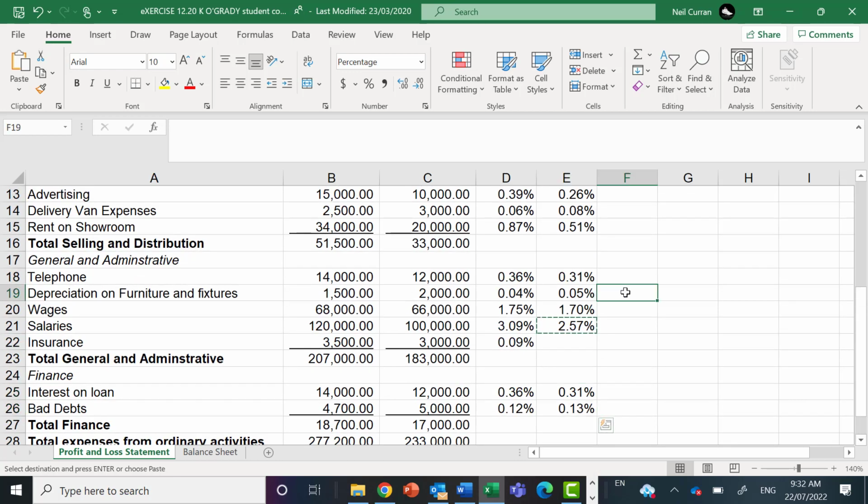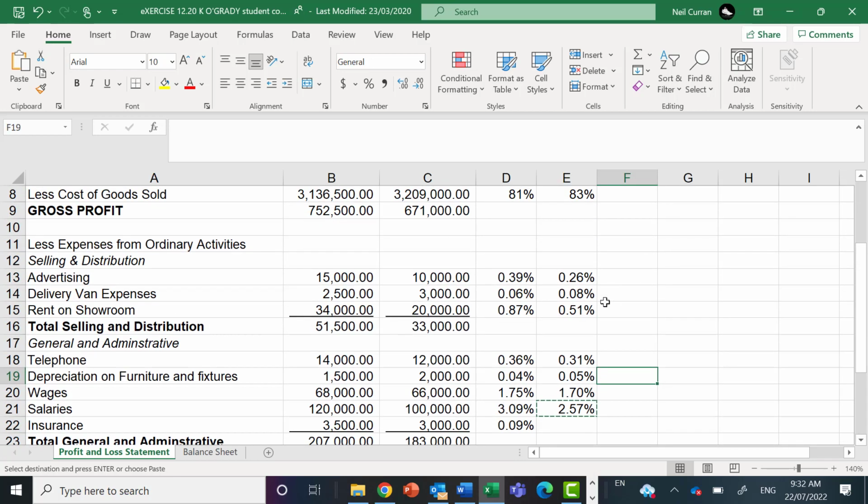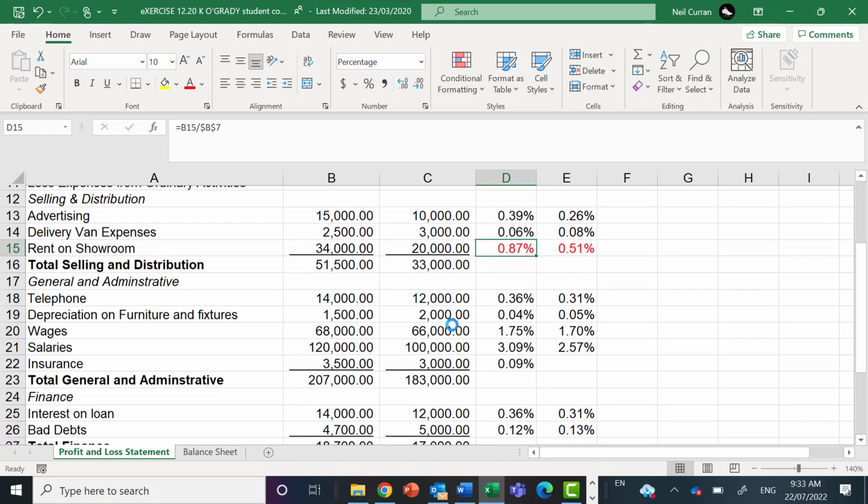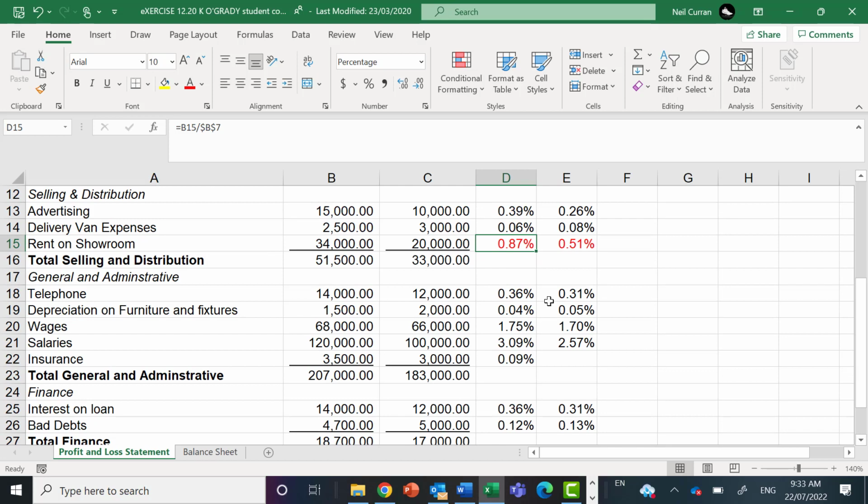We can see a number of variances here, positive and negative. So for example, our rent has increased from 0.15% of total sales to 0.87. So in your net profit ratio you might want to discuss the increase in that expenditure.